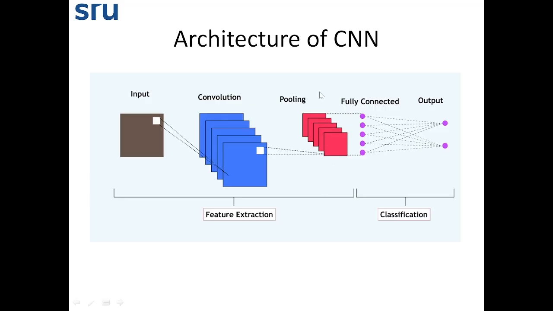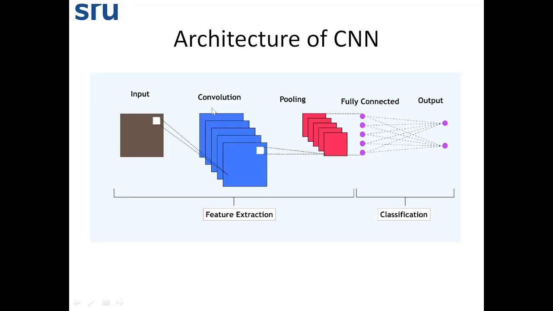Let us see the architecture of a convolutional neural network. Basically it is used for images. So here this is the input layer. Here we have certain pixels. A pixel means the smallest part of the image. Then we have the convolutional layer.